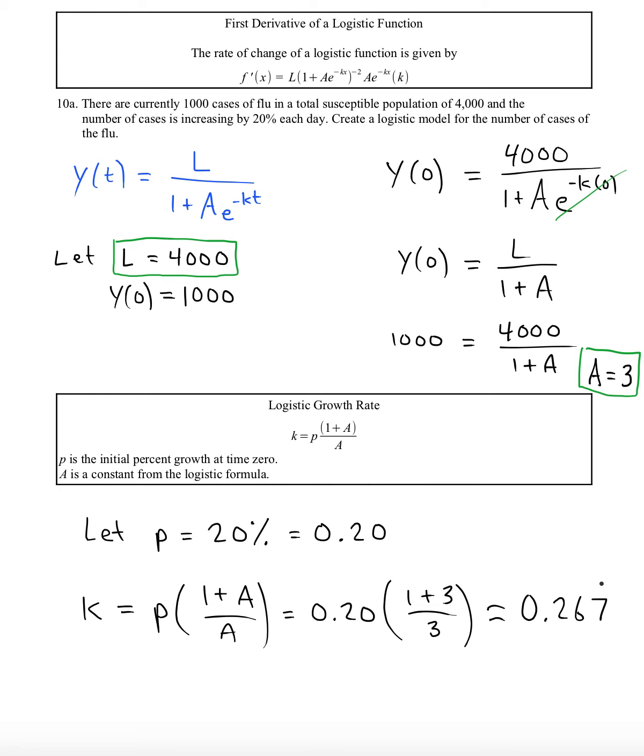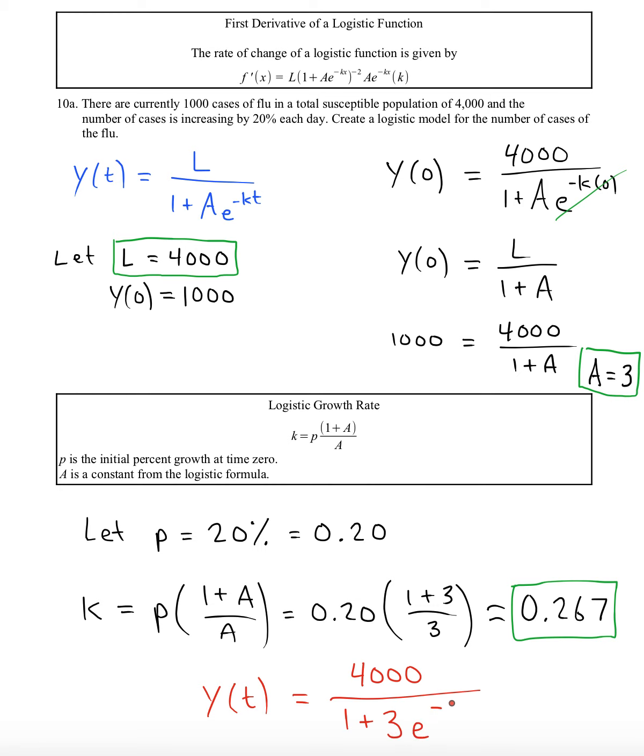Okay, now we're ready to build the entire model. So it'll be y as a function of t is equal to 4,000 over 1 plus 3 e.